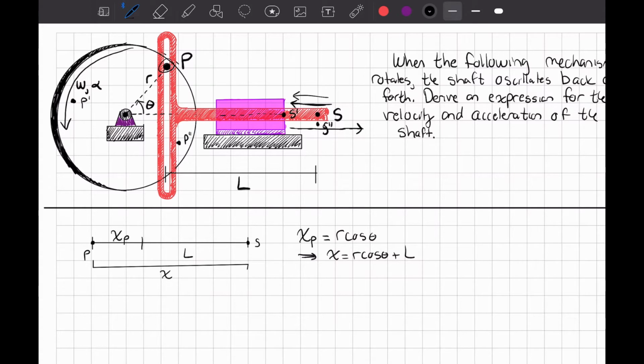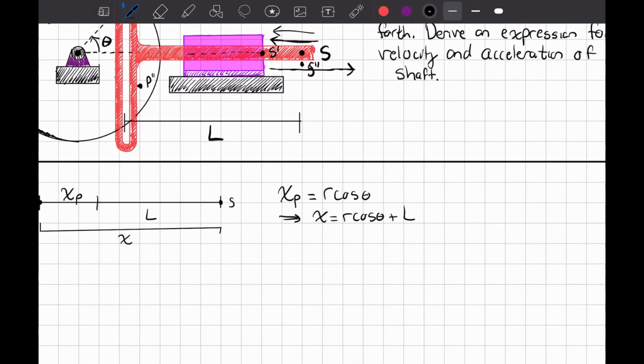And so if we want to determine the velocity, because we know point P is constrained and that's related to the velocity or position of the shaft, if we just take a derivative of X, we will then have a relation for the velocity of S. So X dot is going to be equal to the derivative of R cosine theta plus L dot, which is then going to be R dot cosine theta plus R times negative sine theta, theta dot with the chain rule.